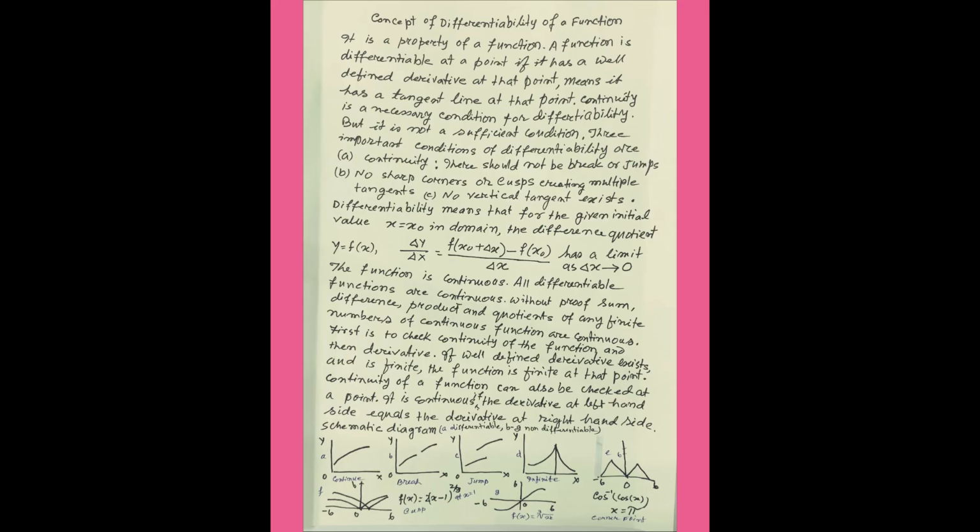The necessary condition of differentiability is that the function should be continuous. But it is not a sufficient condition. Sometimes even if a function is continuous, it is not differentiable.